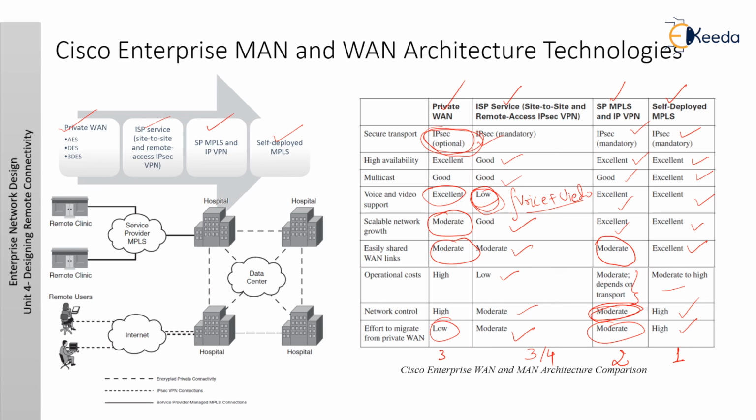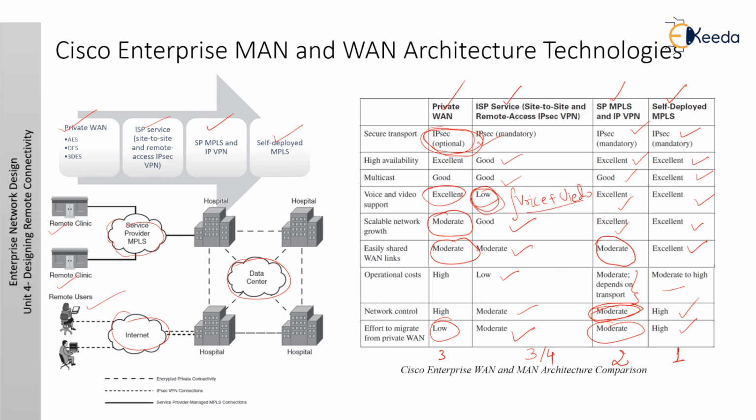So this diagram shows a simple WAN architecture in a healthcare environment. An enterprise can use a combination of these technologies to support their remote connectivity requirements. So here there is a remote clinic, service provider MPLS, and the hospital data center is located here. Four different hospitals are connected, and the internet and remote user are connected.